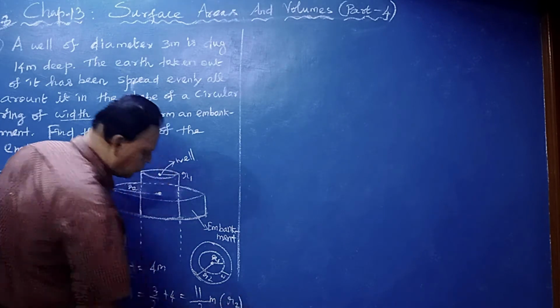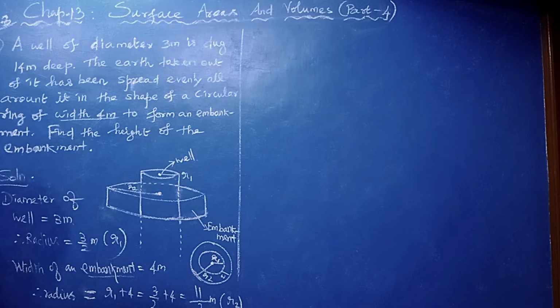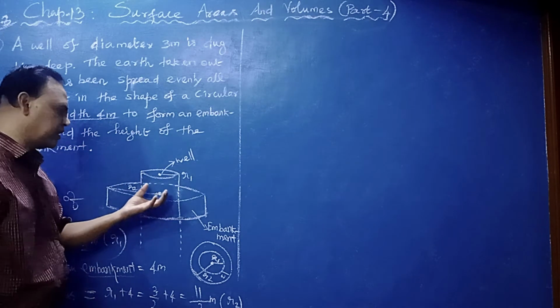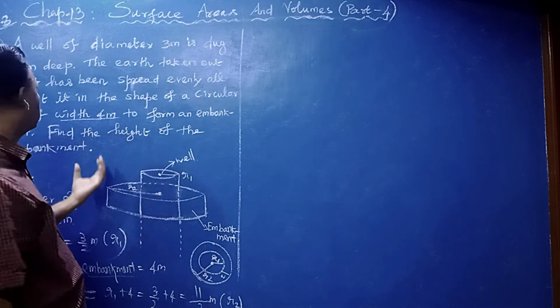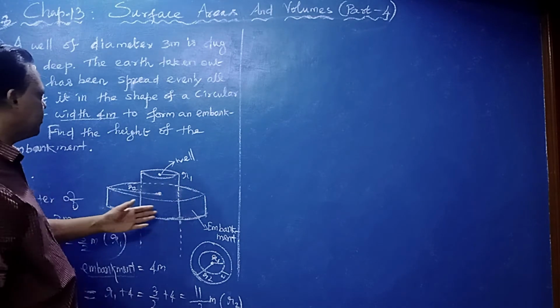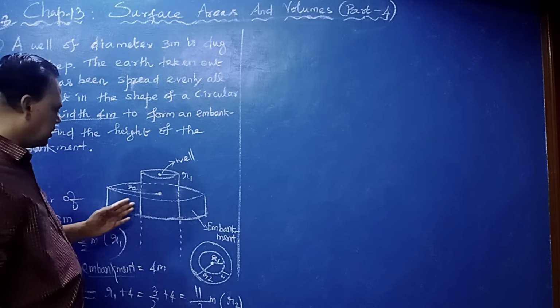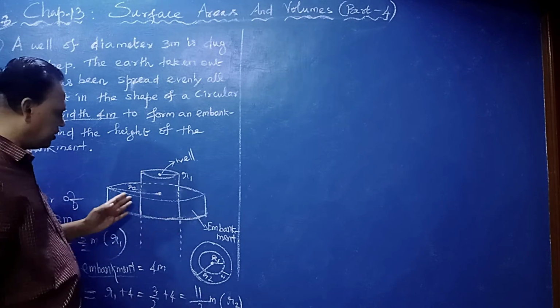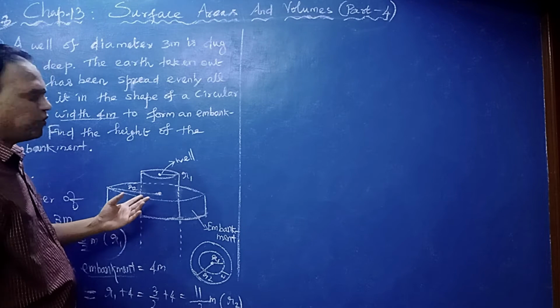That is R2. Now both volumes will be the same. Whatever earth is taken out and spread evenly all around the well to make the embankment, both volumes will be equal.